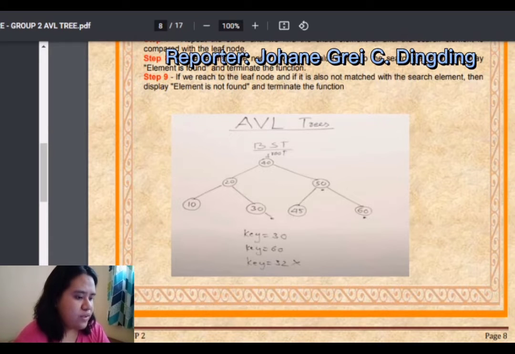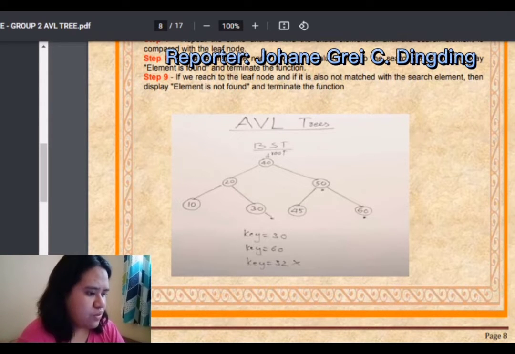So you're going to follow these steps, but for the purpose of this discussion, I'm going to explain the illustration. We are given a key element or node we're going to find, equal to 30. First we go to the root node, which is 40.